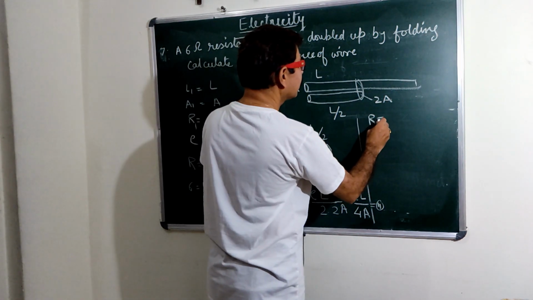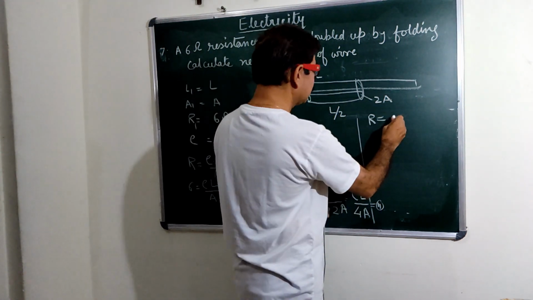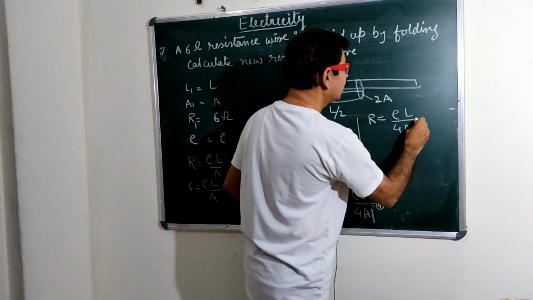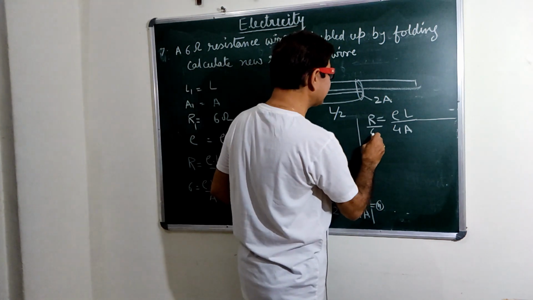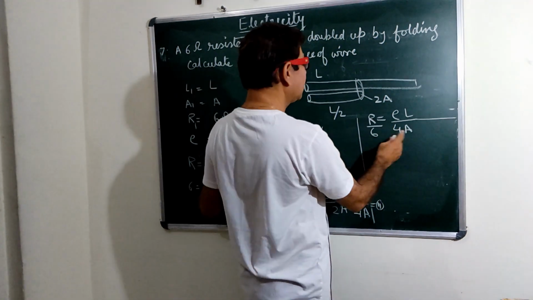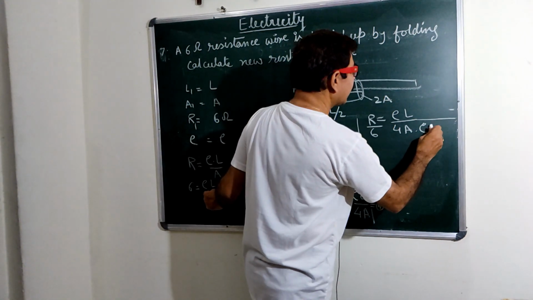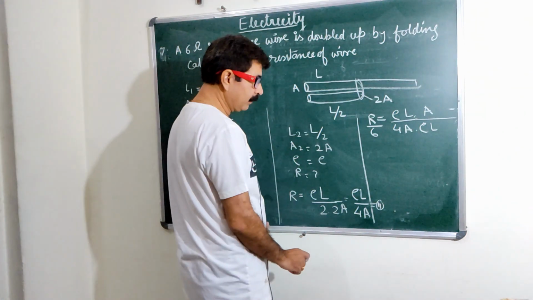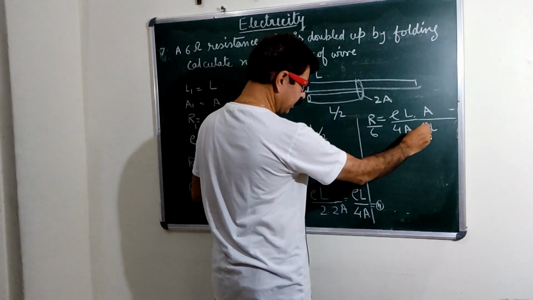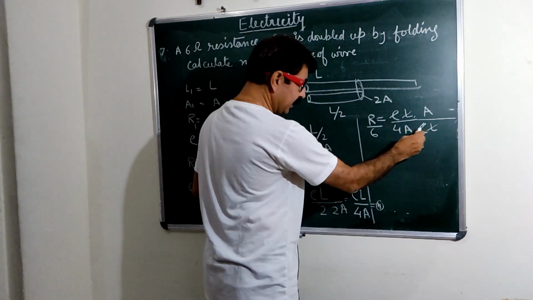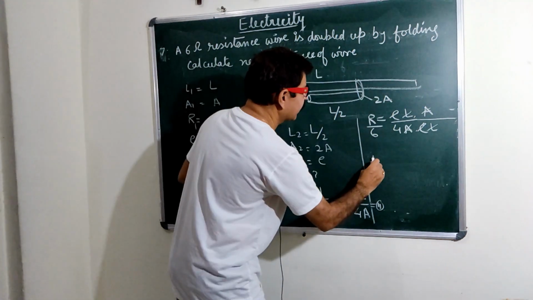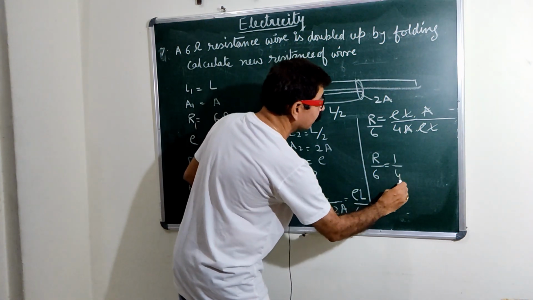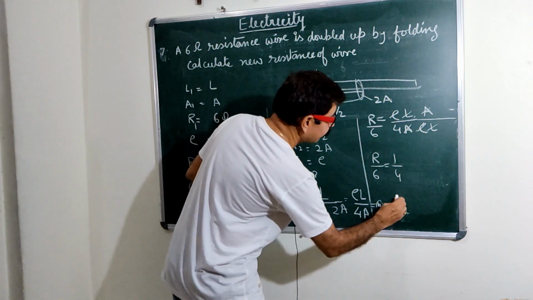R is equals to rho L upon 4A divided by this 6. इसका भी yes rho into L और A ऊपर चला जाएगा. क्या कटा? रो से रो कट गया, L से L कट गया, A से A कट गया, and we are getting answer R by 6 is equals to 1 upon 4. तो यहां से वैल्यू फाइंड करेंगे.